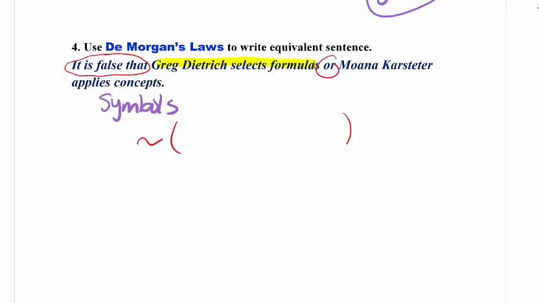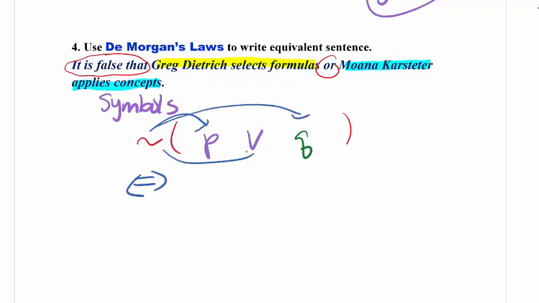Greg Dietrich selects formulas, which is my P, or, and I like to highlight right now because that makes sure that I've not missed any of my logical connectives. So I have P or Q on this one. Now I use De Morgan's law, which says negate P and negate Q.